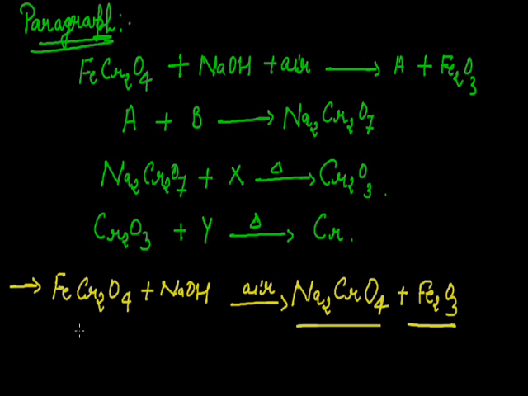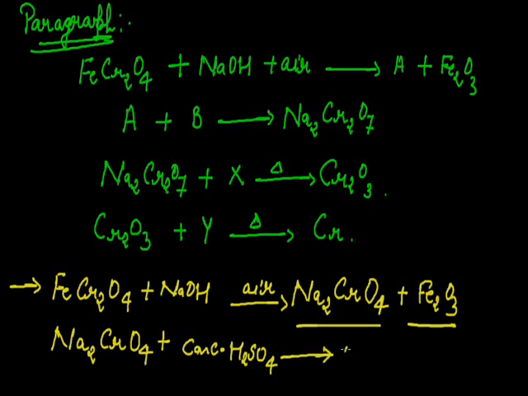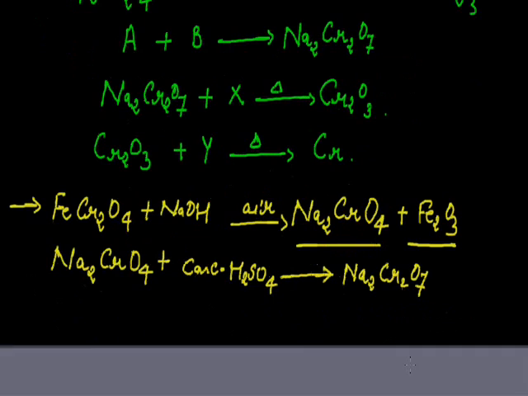When we dissolve the Na2CrO4, that is sodium chromate, in concentrated H2SO4, it forms Na2Cr2O7. That means we can easily separate sodium chromate and Fe2O3 by dissolving the sodium chromate in the concentrated H2SO4.